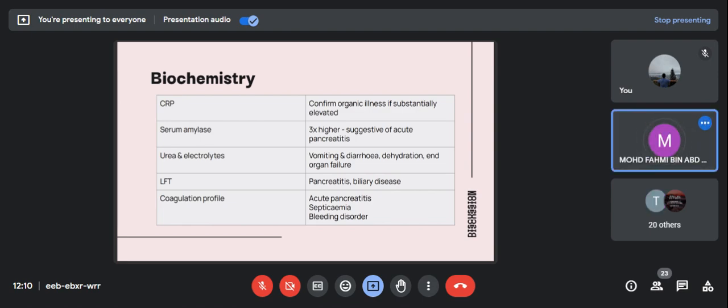Atlanta says... dia cakap 3 benda kan. Basically when you are asked about clinical diagnosis, when you answer in an exam, don't panic. When you say clinical, you always think, what is clinical?